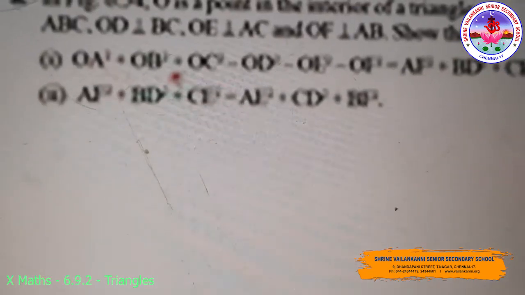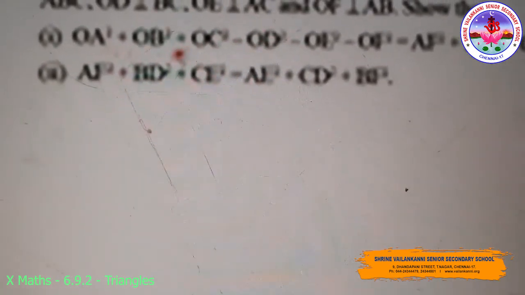Now, the second proof is AF squared plus BD square plus CE square, which is equal to AE square plus CD square plus BF square. So we are going to take now left hand side of the equation, so that I can prove that the left hand side is equivalent to the right hand side.